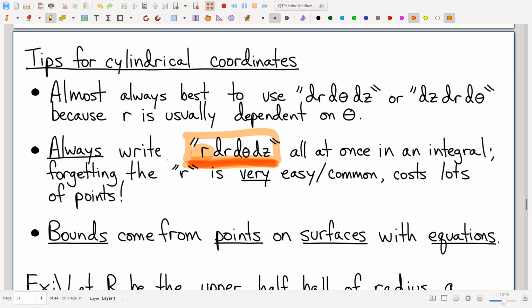It's so easy to accidentally forget to put that in there. It's so easy to delude yourself into thinking, I don't need to write down the R now. I'm sure I'll remember to write it down later. And again, very often, I have tons of evidence. Very often students just don't remember. Right? So please don't let that be you.